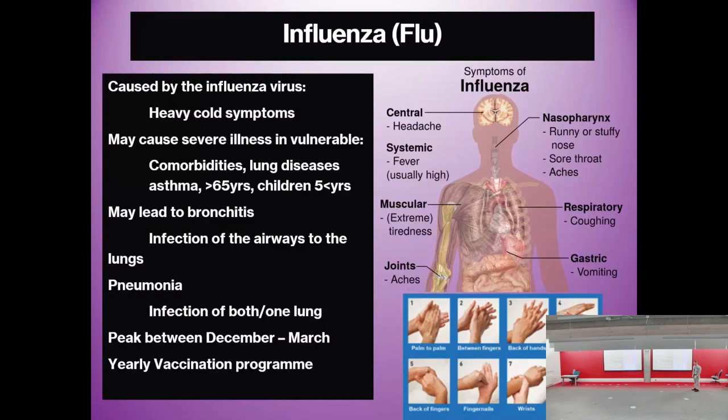Now, the peak seasons for the flu are December to March, so winter months. And we usually have a vaccine developed by around about the early autumn time. And the reason we have that is because it's cyclical. So what happens is, in the southern hemisphere, they have winter at a different time of year than us.